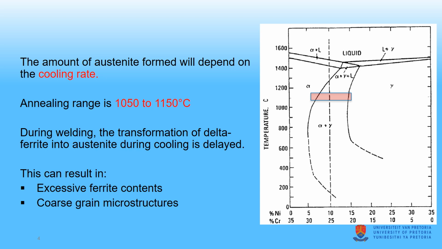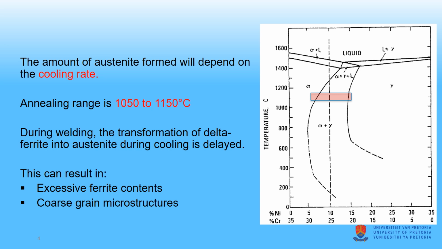The amount of austenite formed will depend on the cooling rate. Lower cooling rates enable more austenite to form. During production, annealing is normally performed by soaking in the temperature range highlighted in red. This is followed by quenching to maintain a structure with equal amounts of austenite and ferrite.